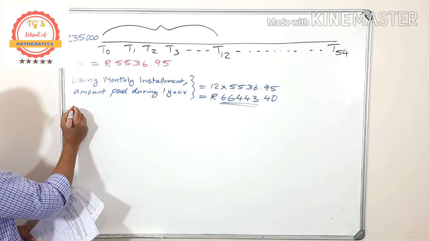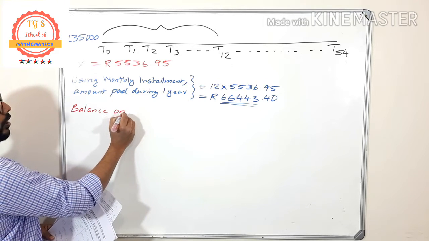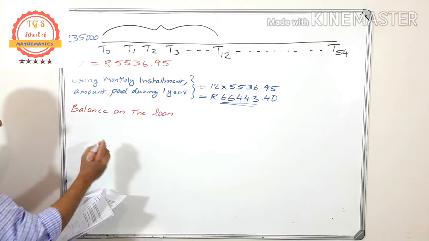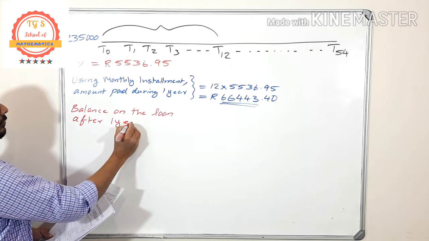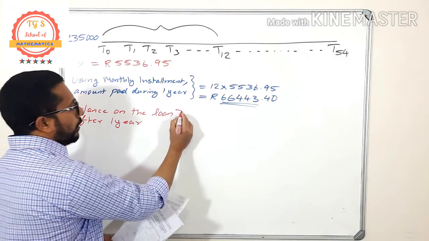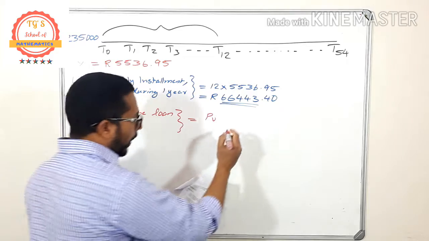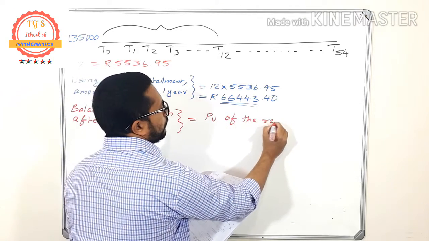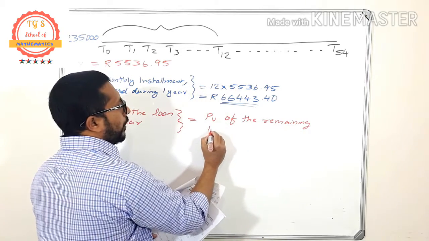Now what I am going to find is the actual balance on the loan after 1 year. Balance on the loan after 1 year. Look at what I am going to write. It is the same as the present value of the remaining installments.